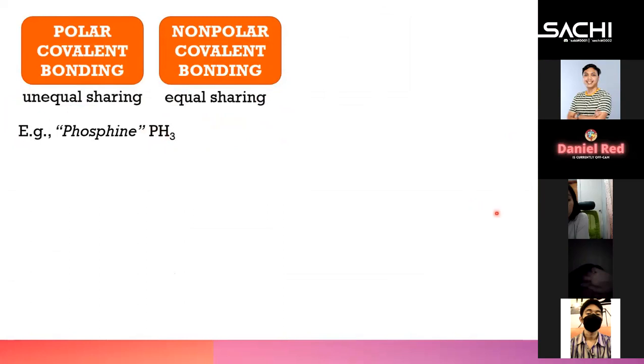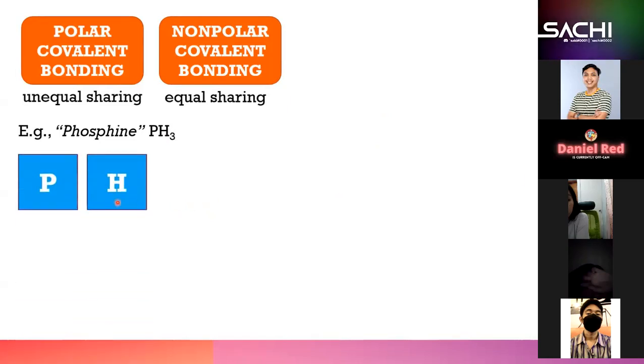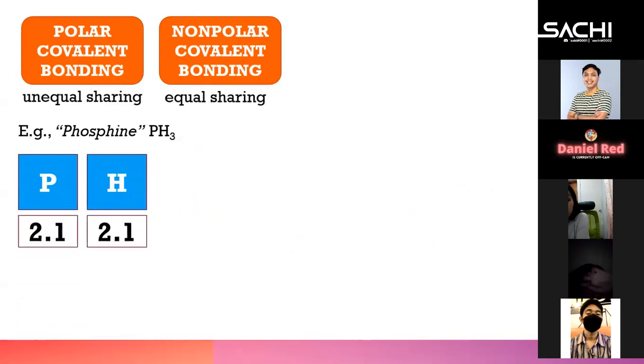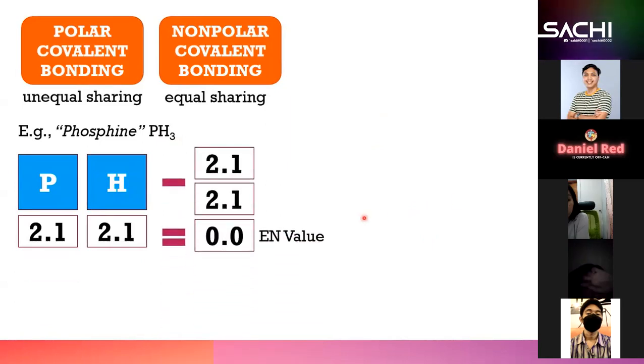First things first, you need to identify the EN value of phosphorus and, of course, hydrogen. Phosphorus has an EN value of 2.1 and hydrogen has 2.1. If we conduct the mathematical equation to determine the EN difference, they will have 0 EN value.